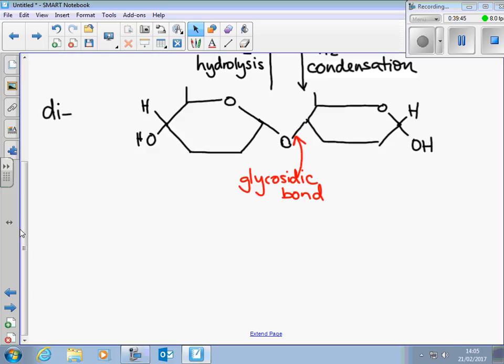But sucrose is composed of glucose and fructose. Now, if sucrose has a sweetness of 100, glucose only has a sweetness of 80, but fructose has a sweetness of 120. Fructose is more sweet than glucose.